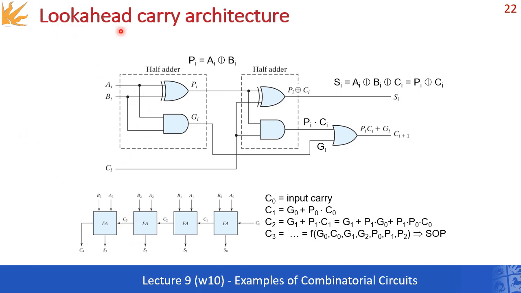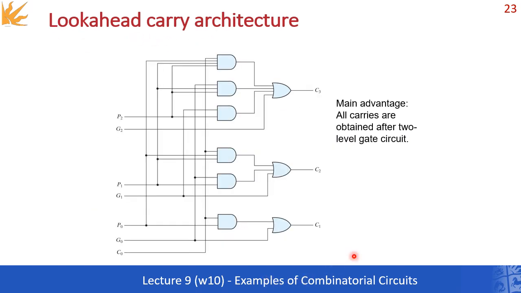And therefore, the look-ahead carry architecture is much faster than the architecture we've shown in the previous slide. And as we said, if you put everything together, it becomes obvious that the main advantage is that you use only 2 levels. A level for the AND gates, in other words for the products, and a final level for the sums.